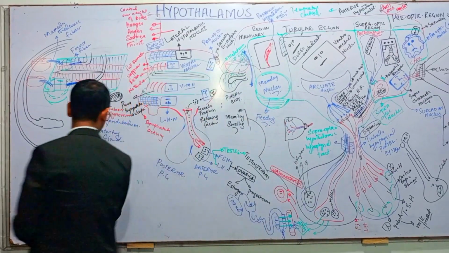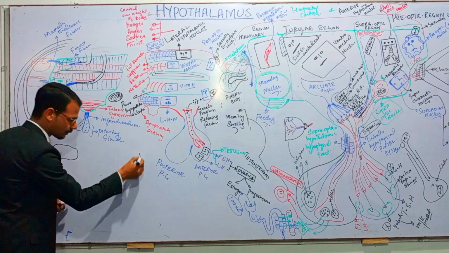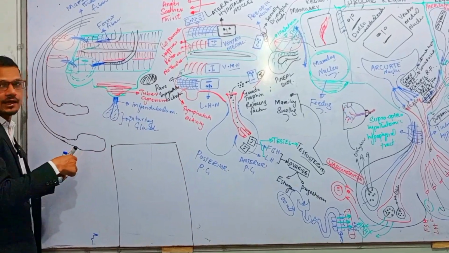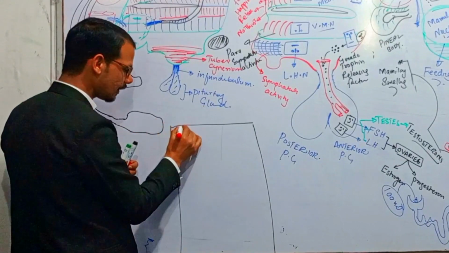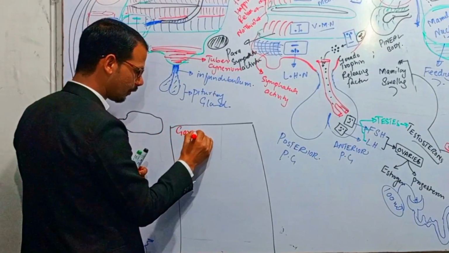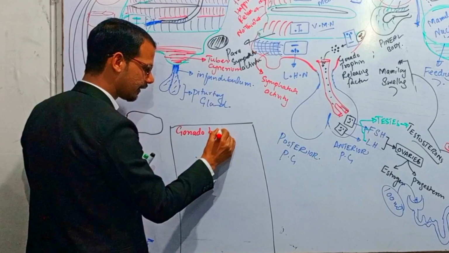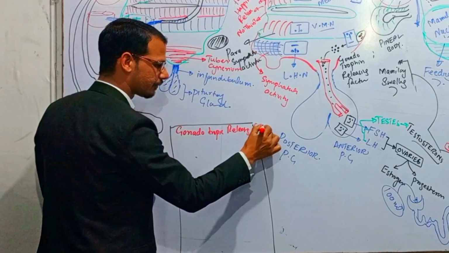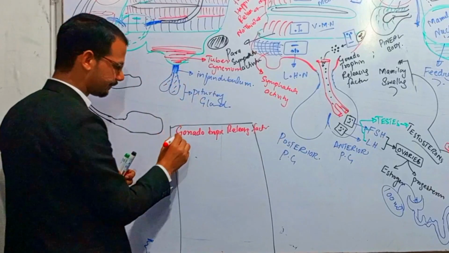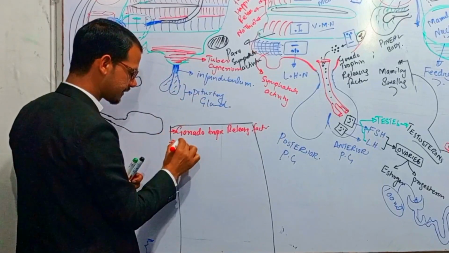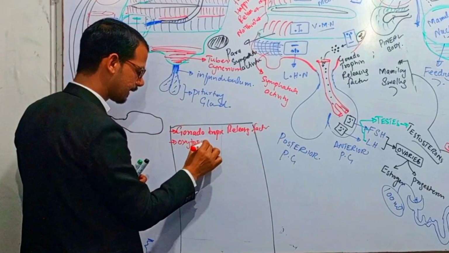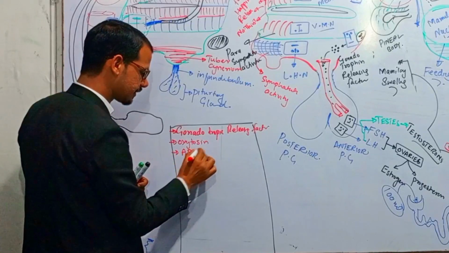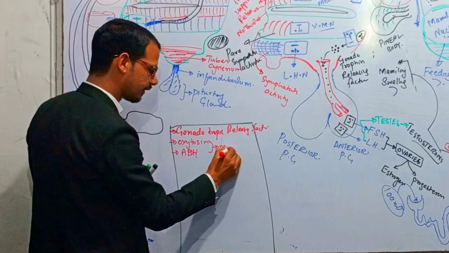The hypothalamus is responsible for producing which factors? Now you will tell me the names. The first one is gonadotropic releasing factor. Second, oxytocin. Third, ADH. These two are neuroendocrine.